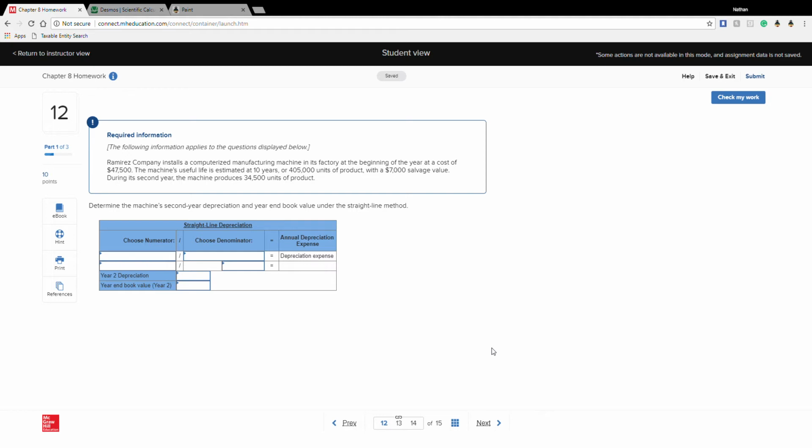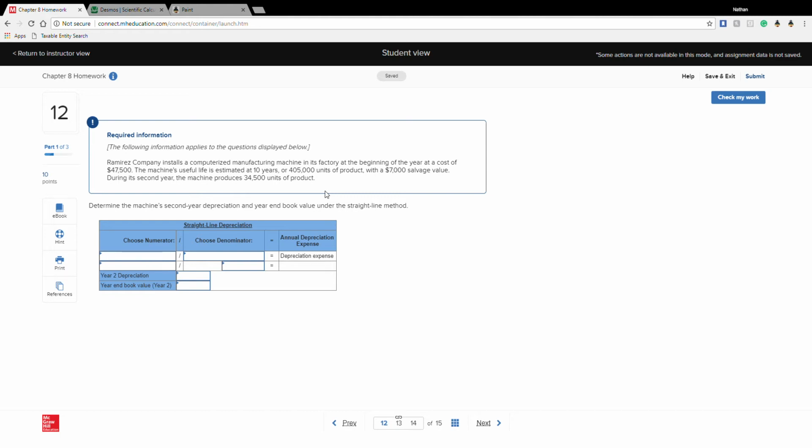During its second year, the machine produces 34,500 units. Alright, so I can see the chain gang right here, down here. So that probably means that we're going to have basically a little bit of trouble going on.